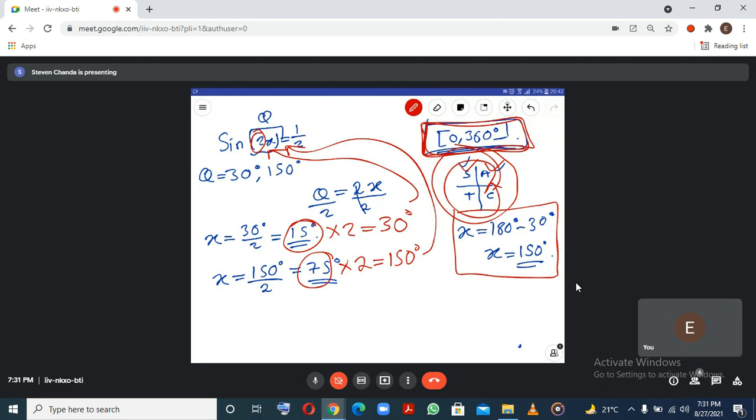Like which values? Yes. It's giving you 195.